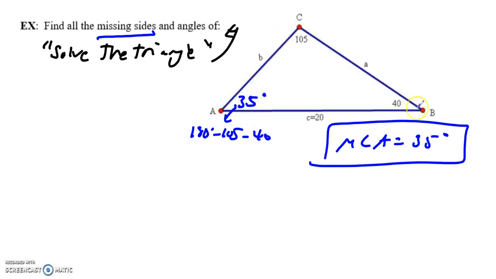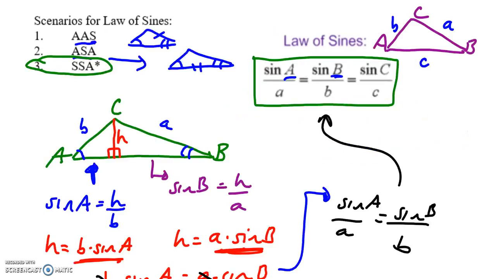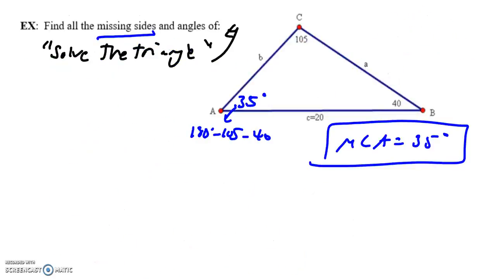The law of sines compares A to A, B to B. If I look at 105, the side that it goes with is 20, and it's always sine of your angle. So you could say sine of 105 degrees over its opposite side of 20 equals, and then you can compare another angle to its side.